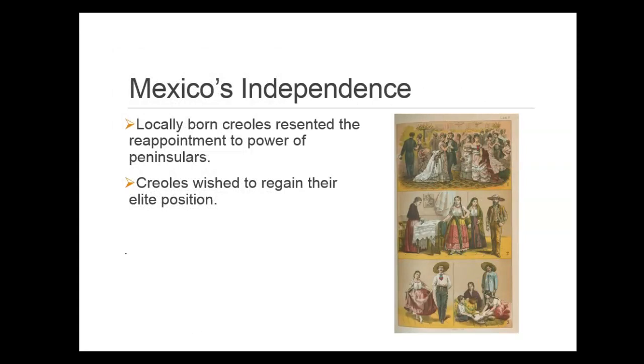By then, Creoles identified more as Mexicans than as Spaniards, meaning they were less likely to feel a sense of loyalty to the crown. This sentiment was spurred on by the Enlightenment ideology, which championed the ideals of freedom and independence. Creoles, however, needed support from below to win independence.